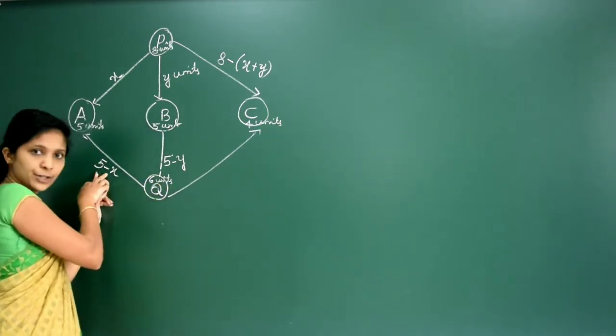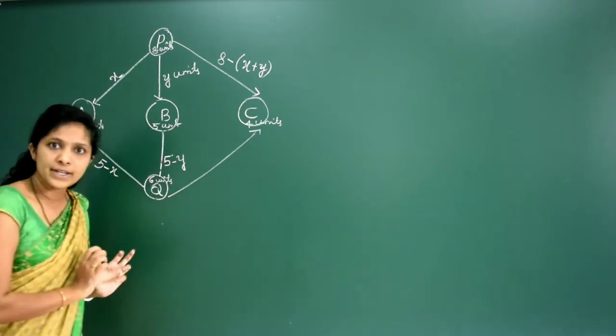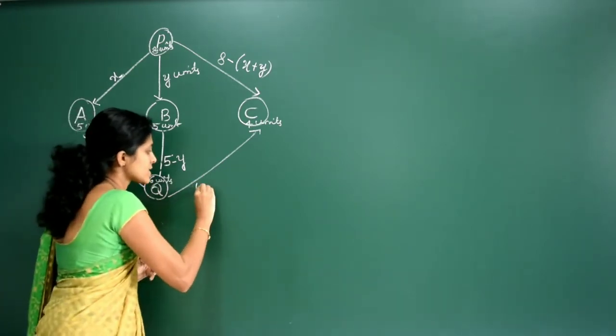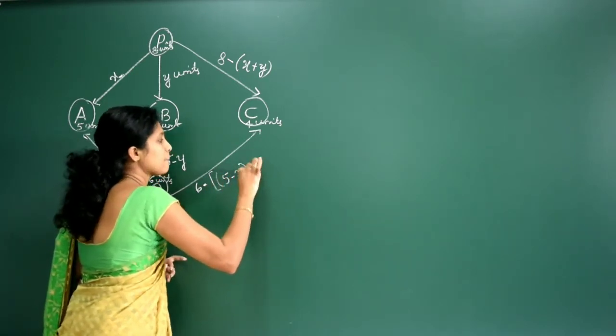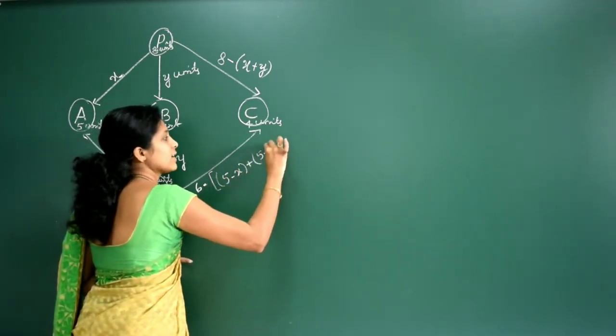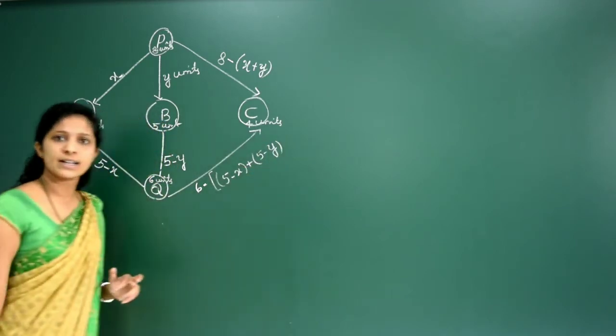Already 5 minus X and 5 minus Y are transported, so the amount to C will be 6 minus ((5 minus X) plus (5 minus Y)). Is it clear? So these are the expressions.